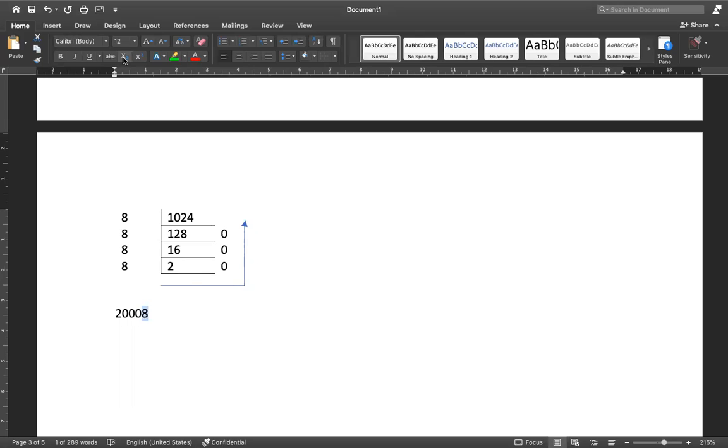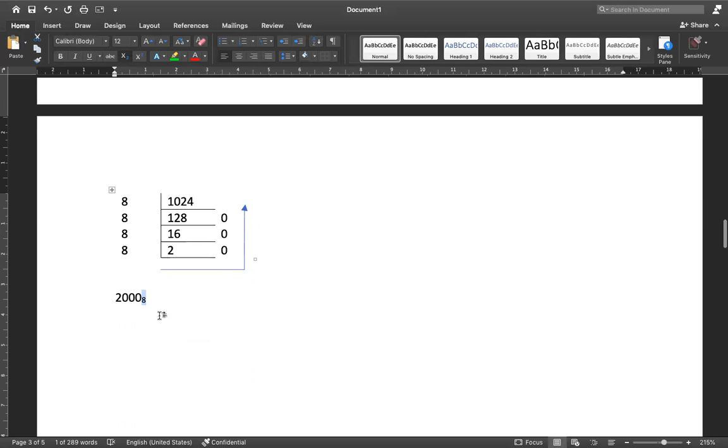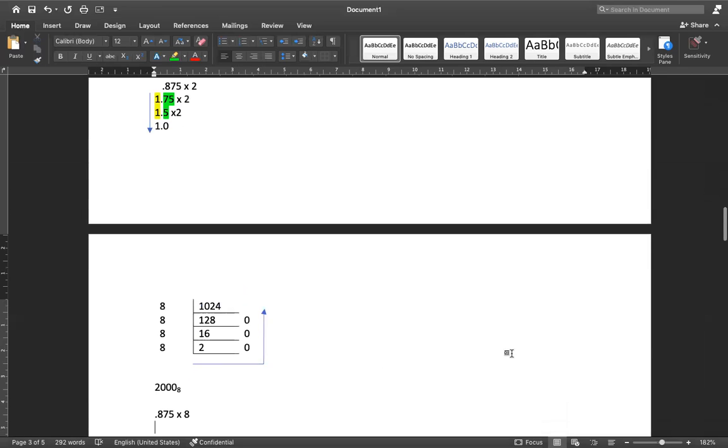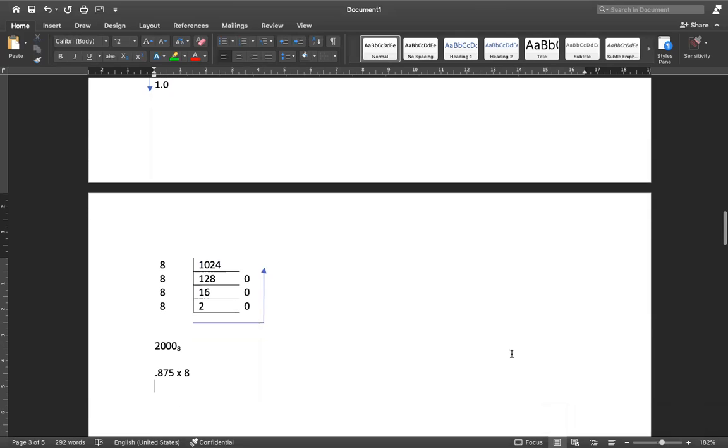But that is the integer part. You have to think about the fractional or decimal part as well. In the decimal part, you have 0.875. 0.875 into 8. What is the value? 7.0.